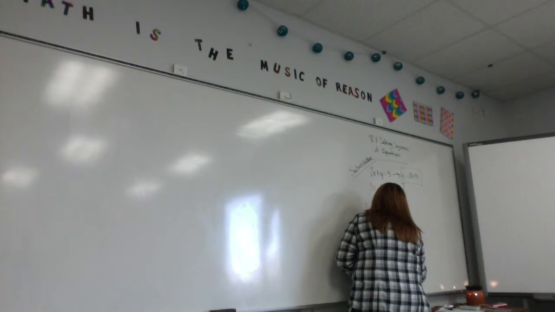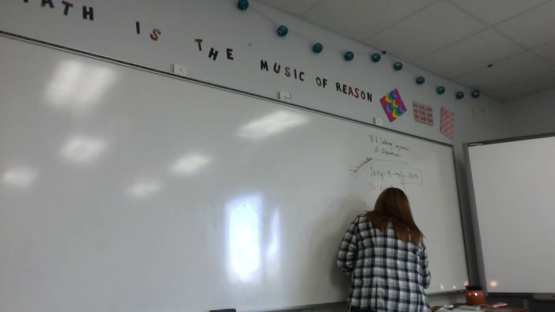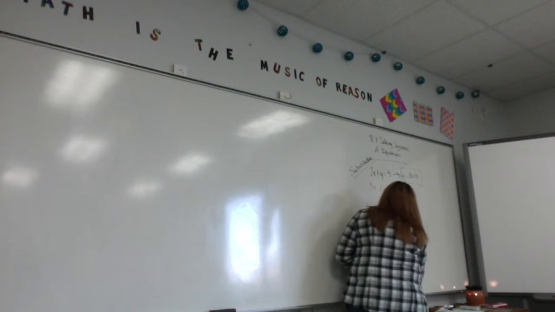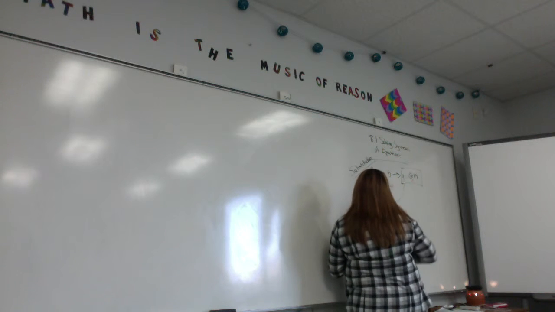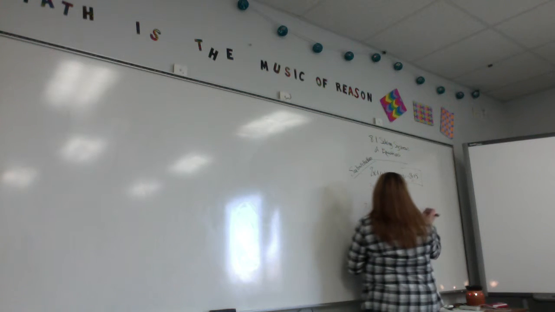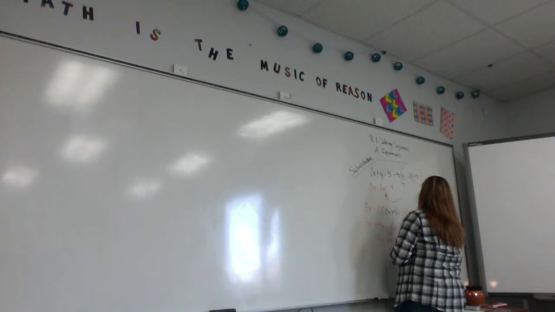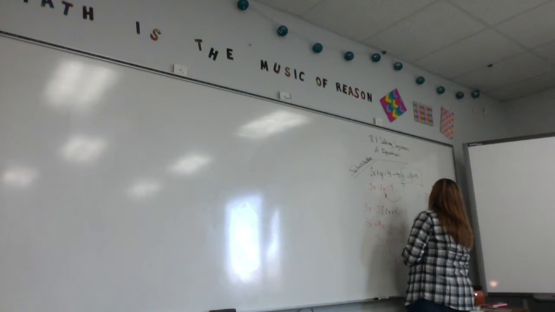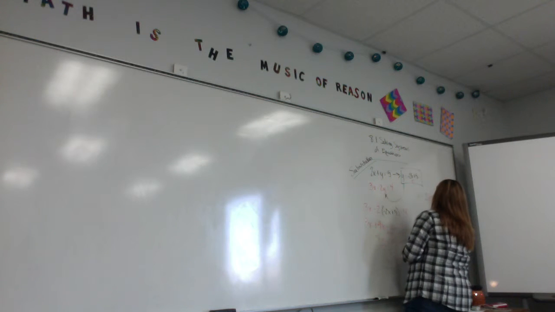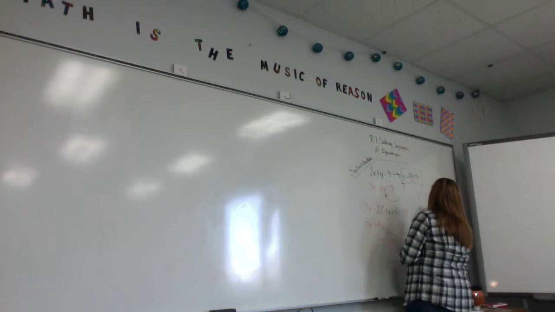I divide by 7, and x equals 2. Now I have to take this and plug it back in to the x of any equation, but I'm just going to do that one because it already says y equals. So I get y equals negative 2 times 2 plus 5. So y equals negative 4 plus 5.